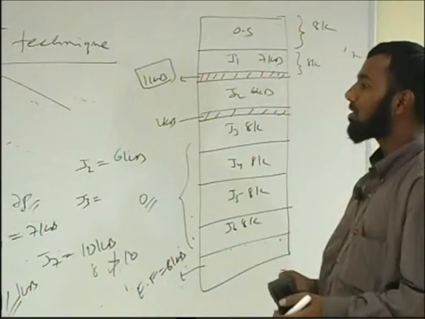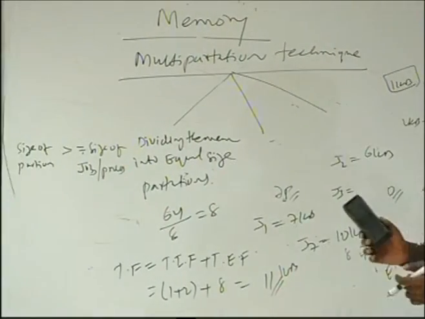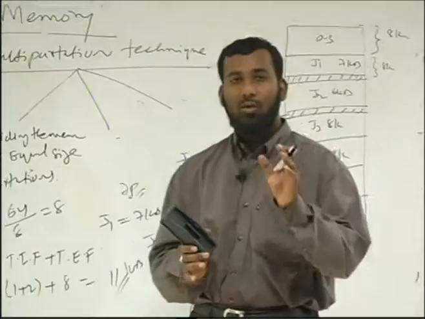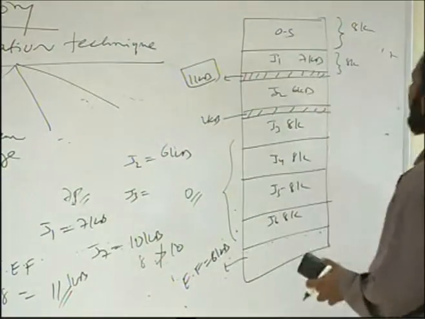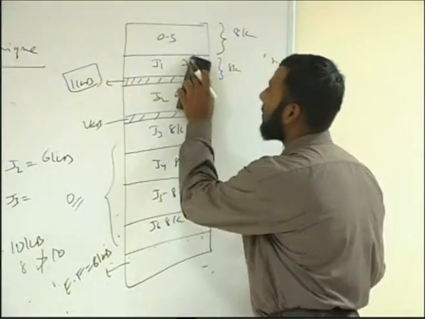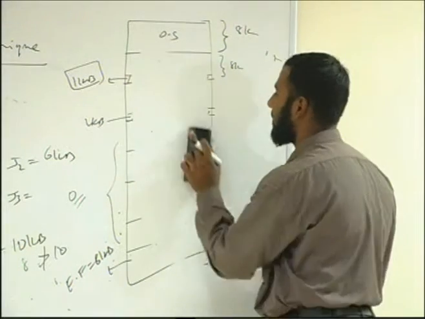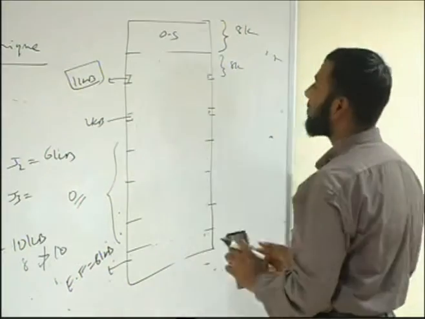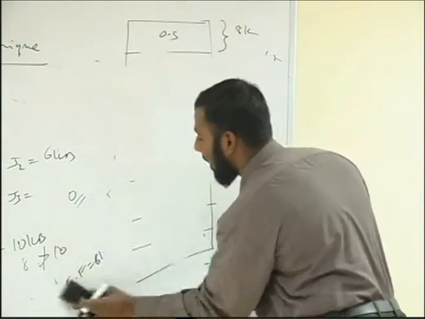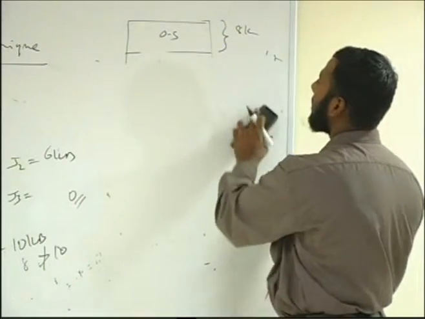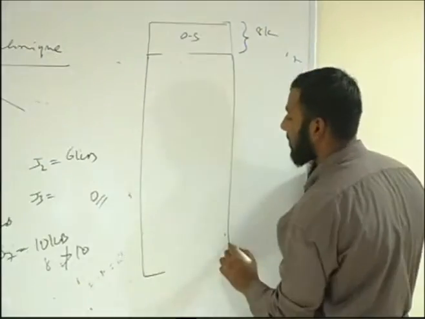Now how do you solve this problem? This problem is solved by dividing the memory into a fixed number of partitions, where the size of each partition is variable. I'll take the same example. Suppose 64 kilobytes of memory is there, and 8 kilobytes is used already by the operating system, and the remaining is 56 kilobytes.